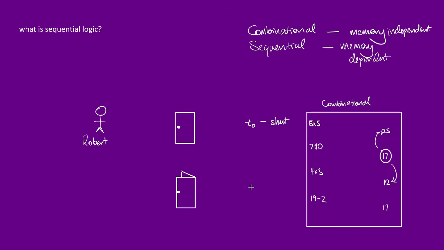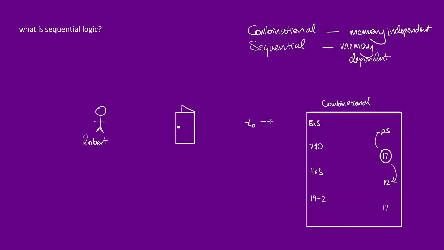So at t equals 0, the door was shut, and at t equals 1, the door is open. The reason the door is open now is because it was previously shut. If we were to reverse the situation, given that the door is open now, we ask Robert to change the state of the door.